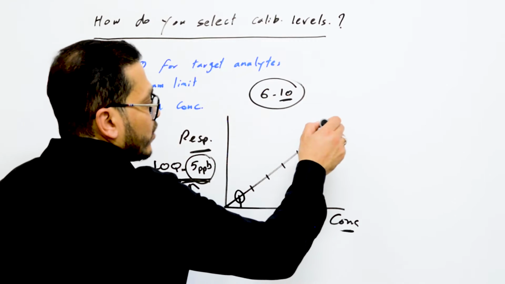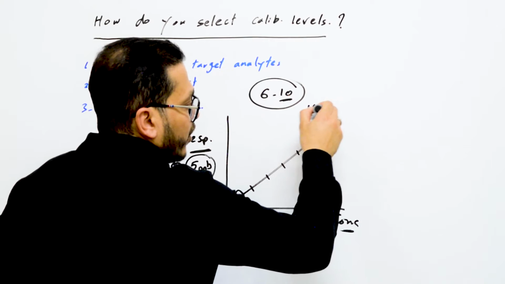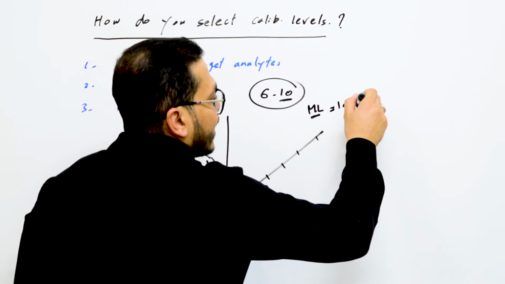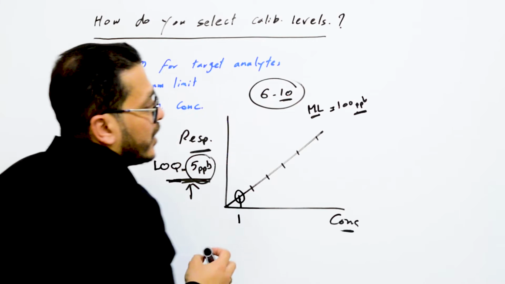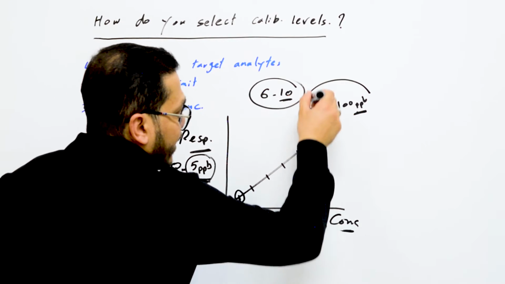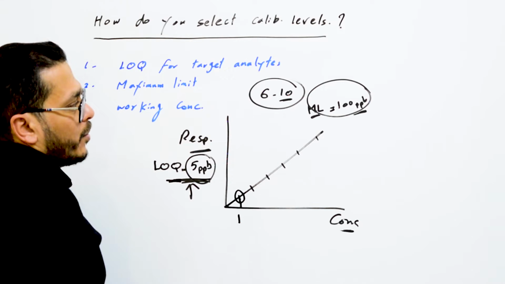And also the maximum limit. As an example, if the maximum residue limit equals 100 ppb, 100 microgram per liter or per kilogram in the sample, then 100 ppb should also be included in between your calibration levels.